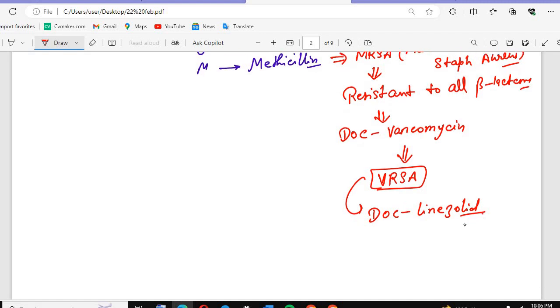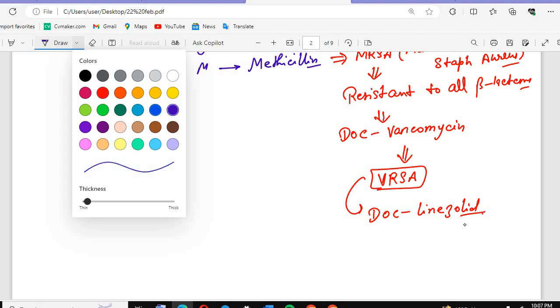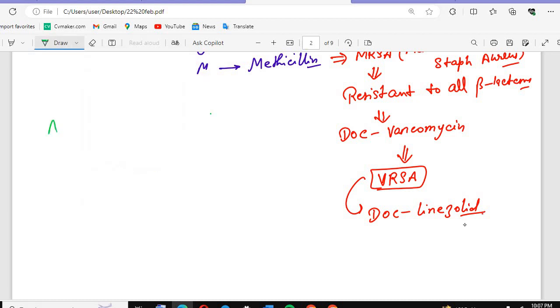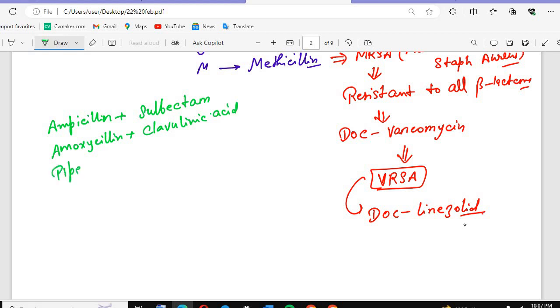And the best antibacterial drugs, always remember these: ampicillin plus sulbactam, amoxicillin plus clavulanic acid, and the one we just studied, piperacillin plus tazobactam.